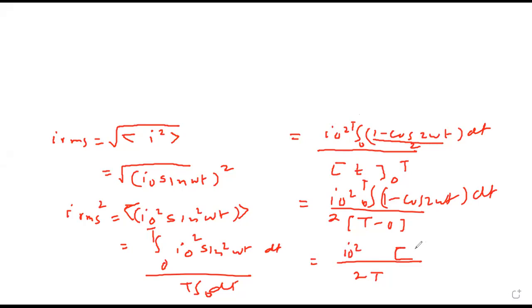Integration of 1 dt is T, and of cos is minus sine 2 omega t upon 2 omega from 0 to T. Please copy this much.